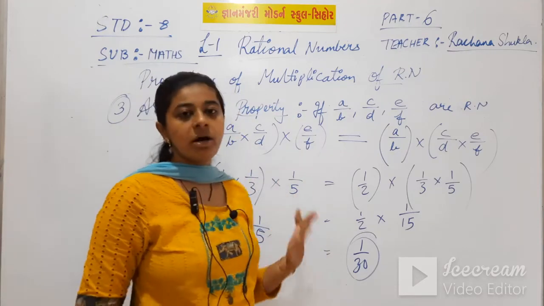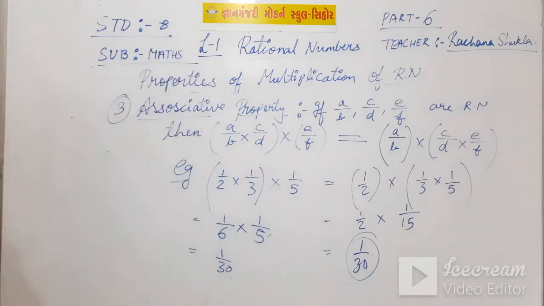Moving onwards towards the fourth property, that is multiplicative identity.